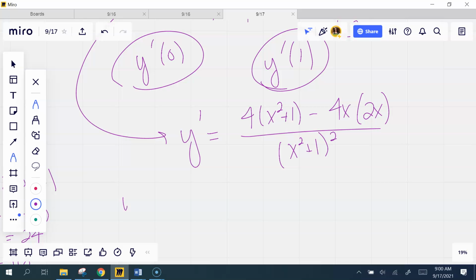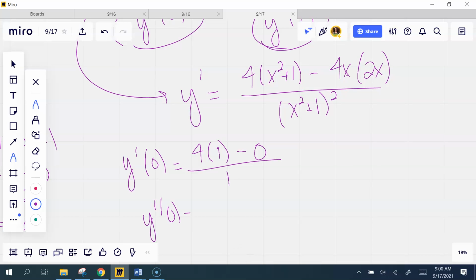I'm just going to go ahead and plug in, because I have a 0. I'm going to do 4 times 0 plus 1 is 1, minus 0, 0 is going to be 0, over 0 plus 1 squared.